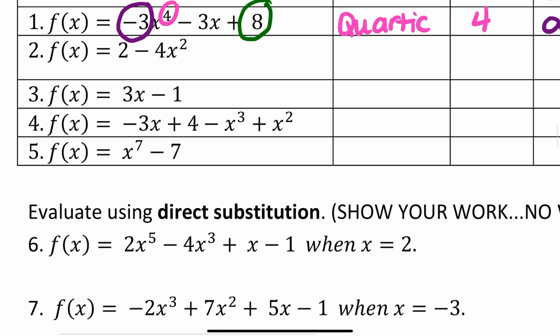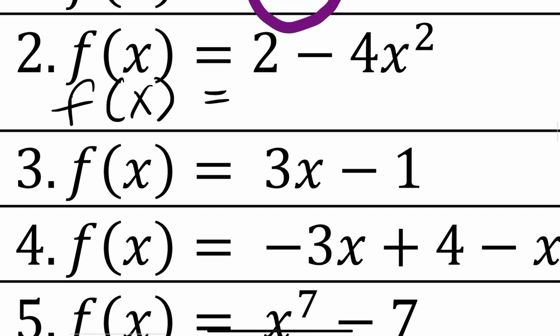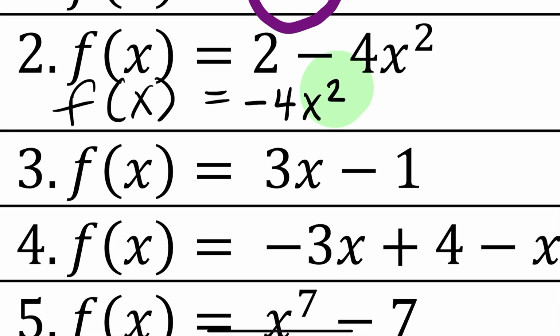All right, let's move on to number 2. We have f of x is equal to 2 minus 4x squared. First, let's identify that this is not in standard form. We can rewrite it in standard form by making sure that the highest exponent comes first. So you would write negative 4x to the second power first, because second power is the highest exponent here.